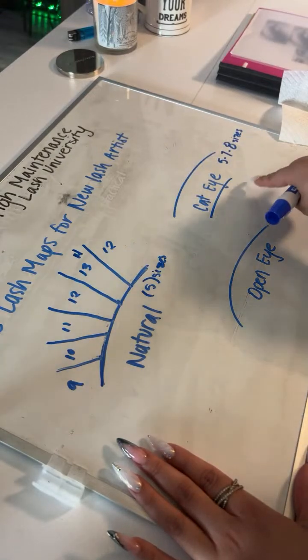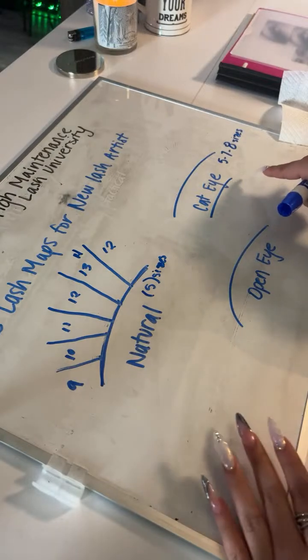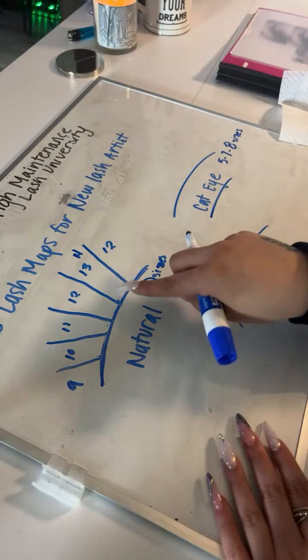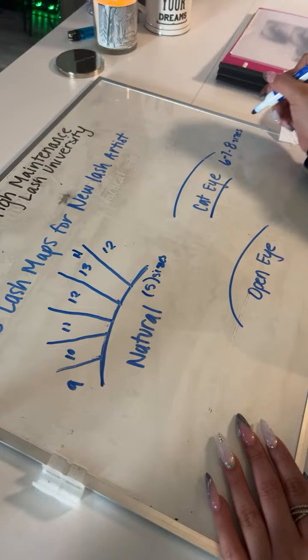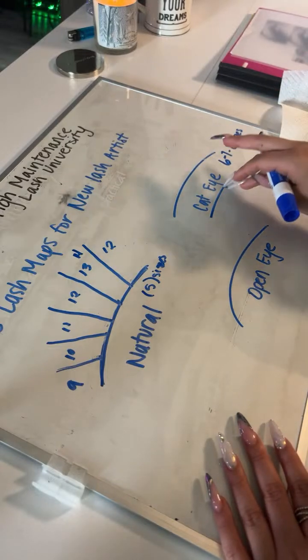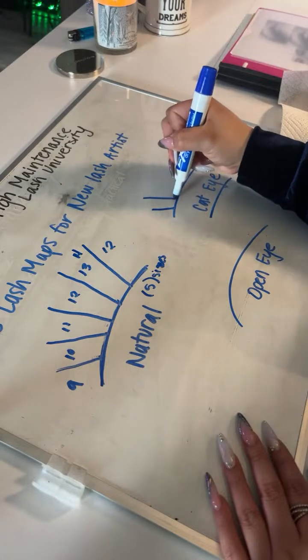But for cat eye, I'm lying, not 5, you want at least 6 to 7 to 8 different sizes to get the cat eye illusion. All right, so we're going to go in.